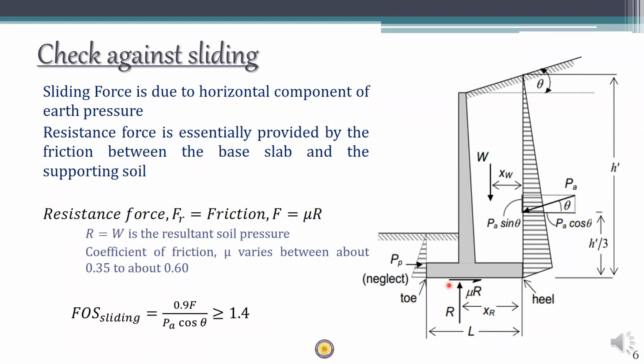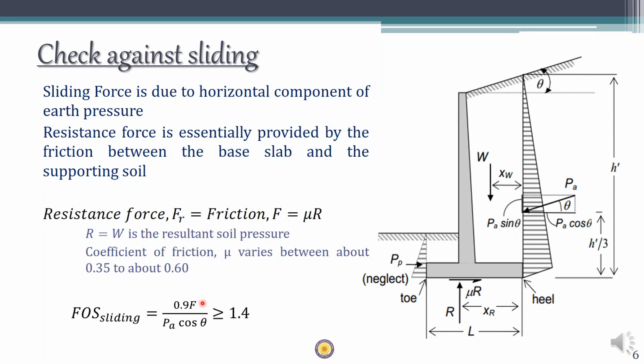The frictional force F is equal to mu into R, where mu is the coefficient of friction and R is the normal reaction, which has the same value as W. So the resisting force here is friction, F equals mu into R. Usually mu varies between 0.35 and 0.6 for soils.